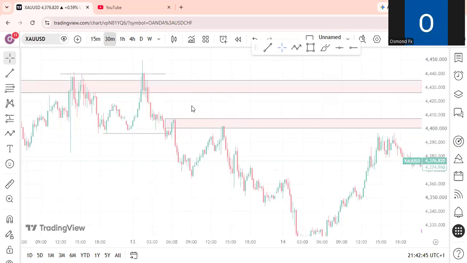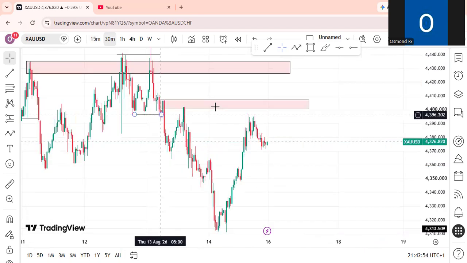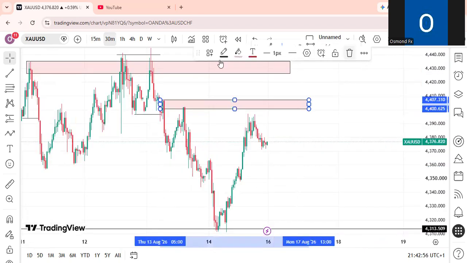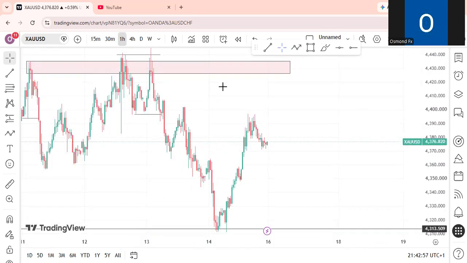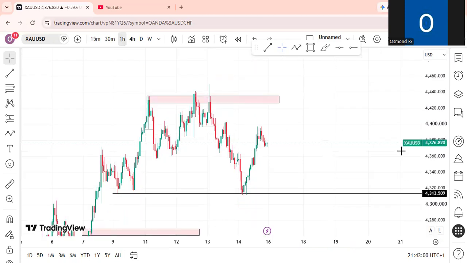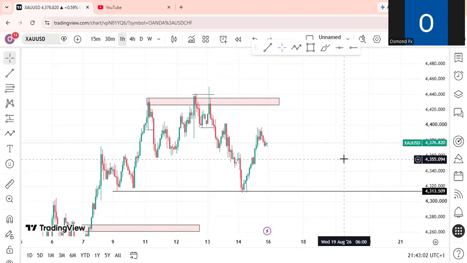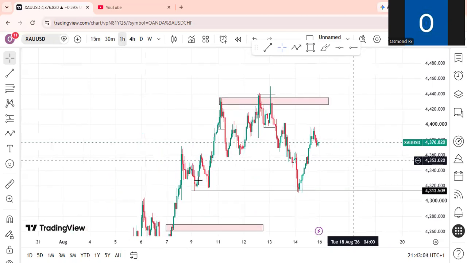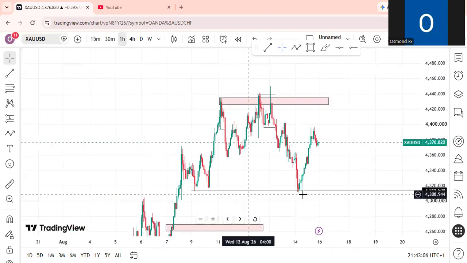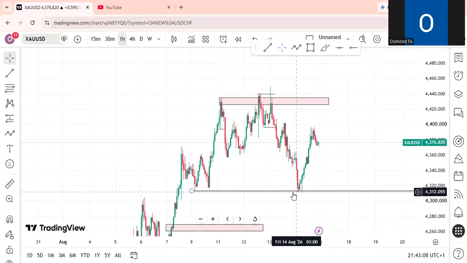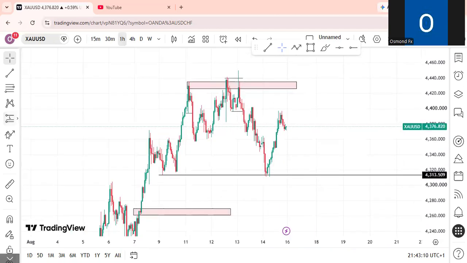So guys, going forward, what are we going to be expecting from gold? I think our analysis is getting long. Let me go to a higher time frame. We can see that gold has already taken out the liquidity from this low, so this is not a proper break of structure.